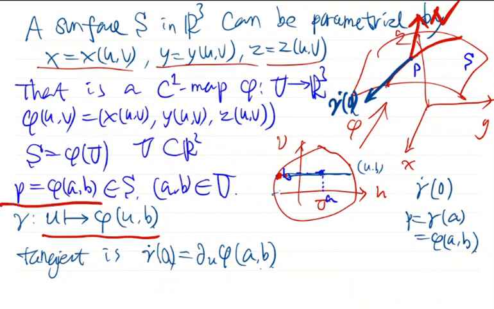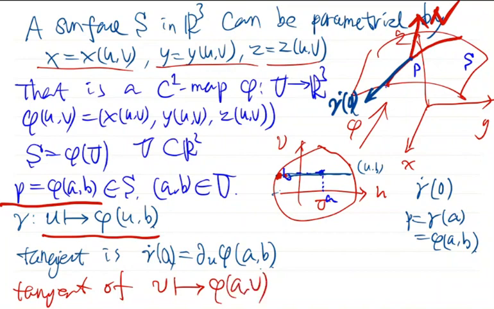Similarly, we also have another curve, phi(a,v), and its tangent is the partial derivative of phi with respect to v, also at the point (a,b).